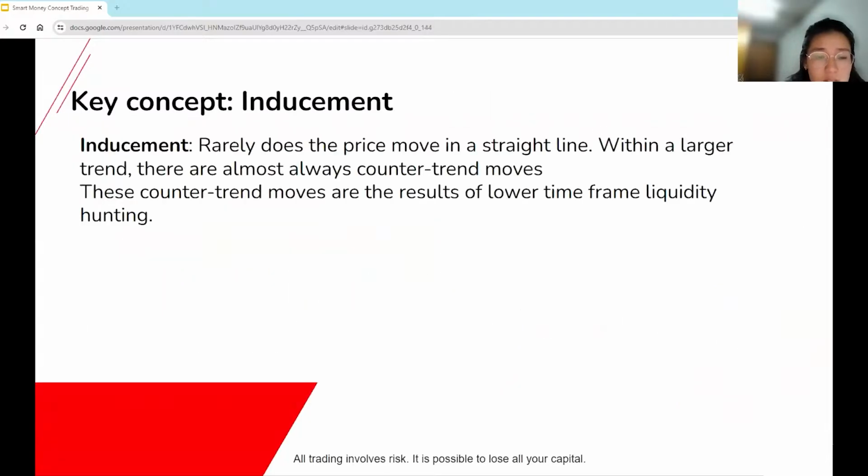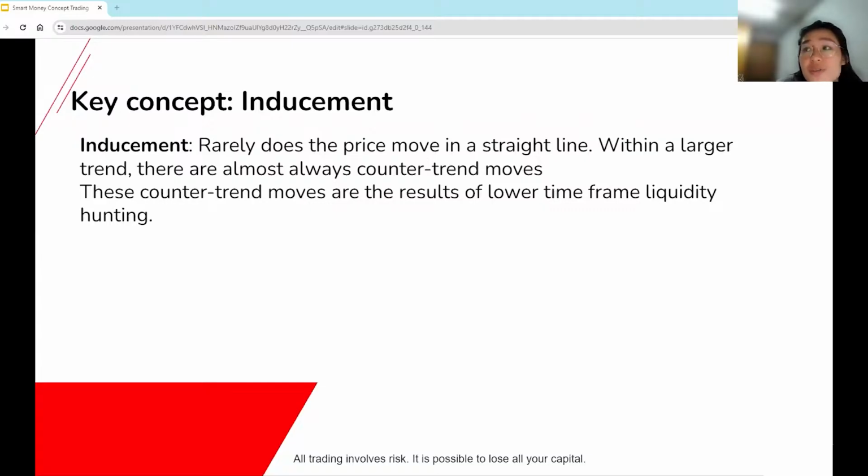Now let's talk about inducement. Inducement basically involves a price bounce or a rejection in which price will then target a previous short-term high or low before continuing in the same direction as the longer-term trend.